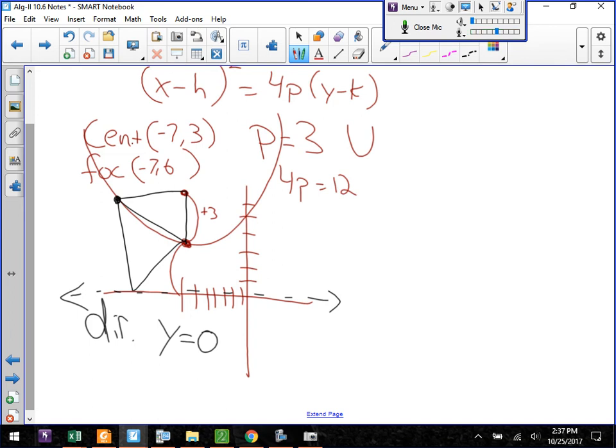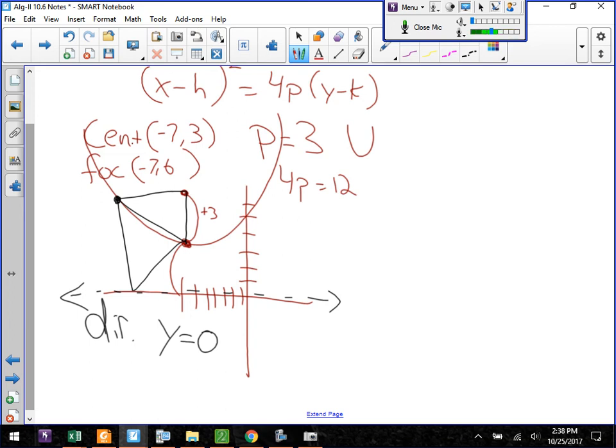Something like that. Your p-value is positive to go up or right, depending upon if it's an x squared or y squared. If the p-value is negative, it's down or left. That's how that works.